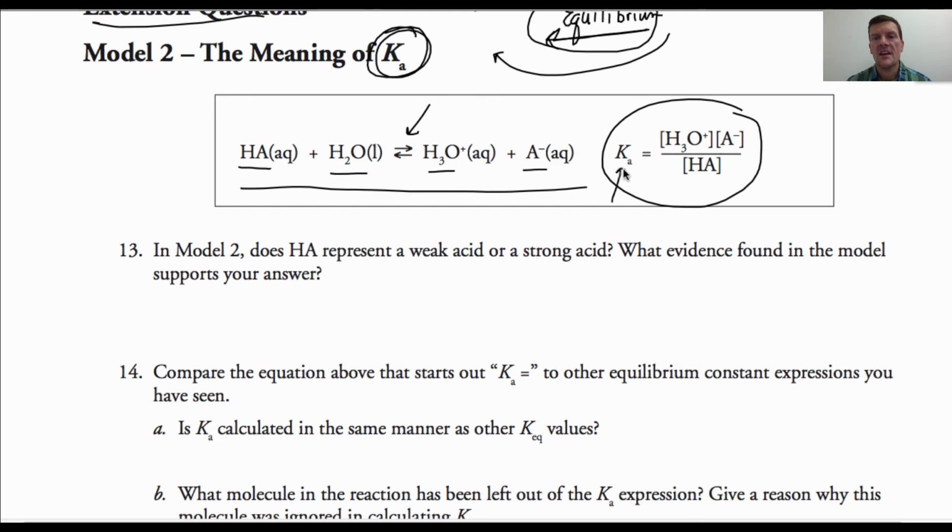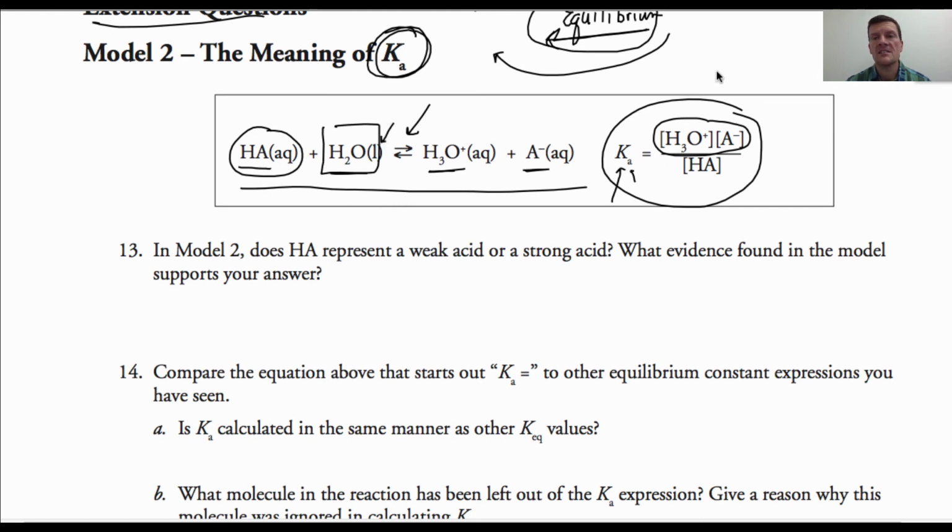We have a K, that's going to be the letter that we use. The subscript here is A for acid. And you'll notice we've got the products, hydronium ion and the A negative anion, in the numerator, and the reactant HA is in the denominator. We're going to leave out the water because it's a pure liquid.